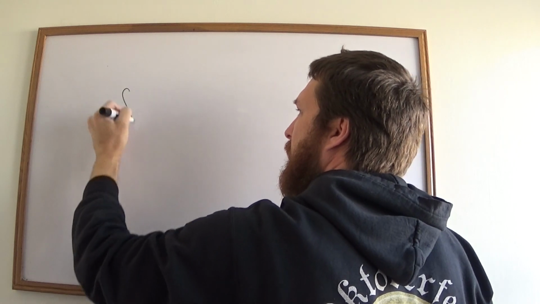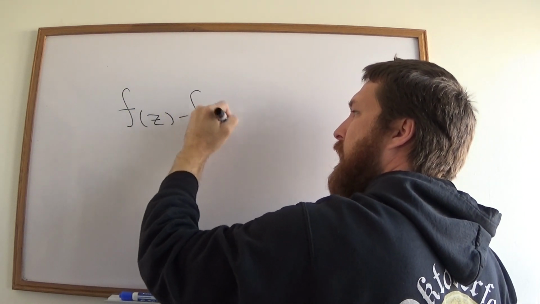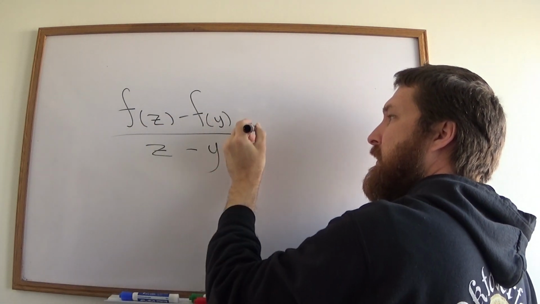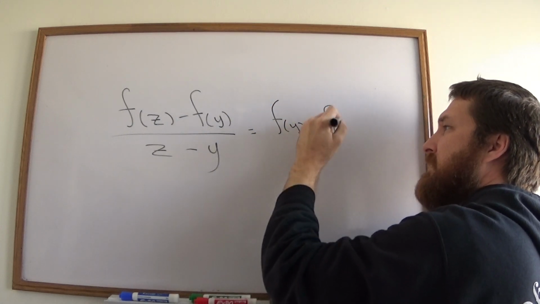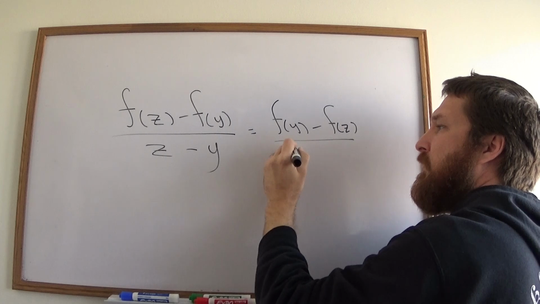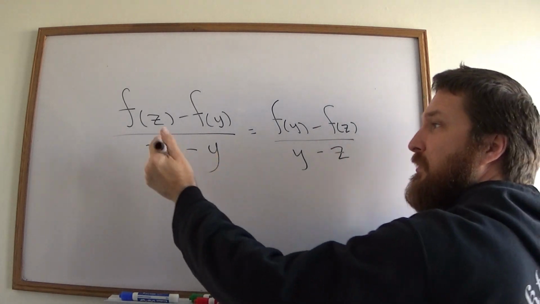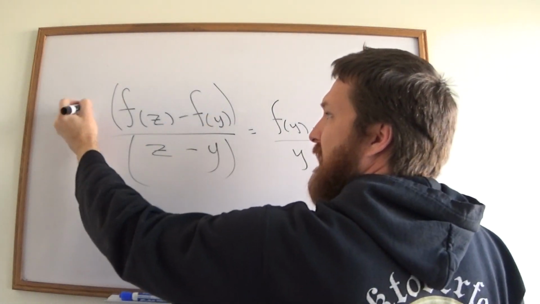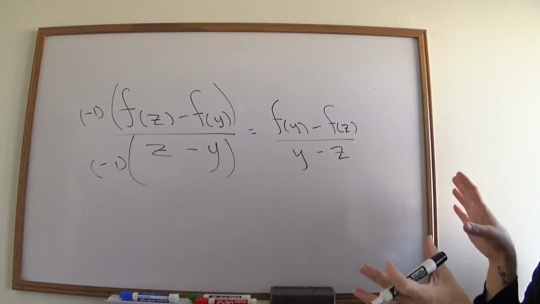And again, f of z minus f of y over z minus y is exactly the same thing as f of y minus f of z over y minus z, because if I multiply the top and the bottom each by -1, I have not changed this thing at all.